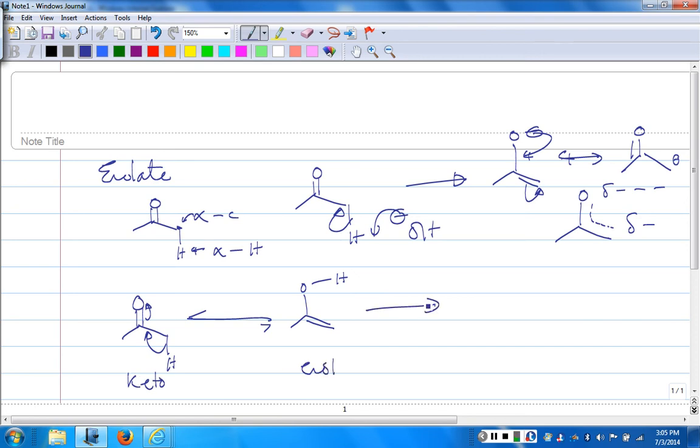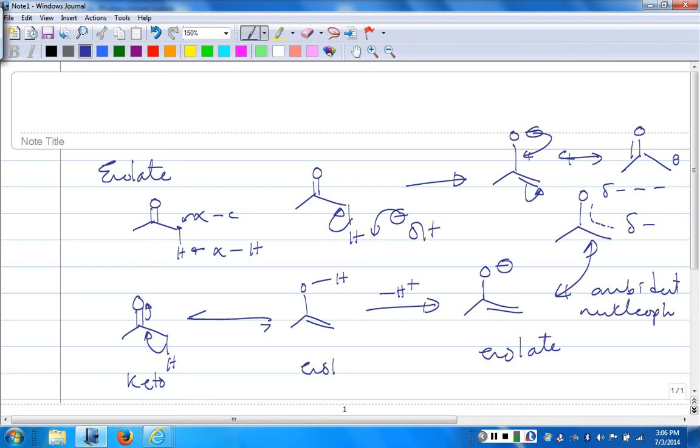And if I were to deprotonate the enol, the species that I would generate would be the anion of the enol, and that is called the enolate. Right? So the enolate ion would be that species. And again, the term we use for it is ambident, meaning that it has two teeth. It's an ambident nucleophile.